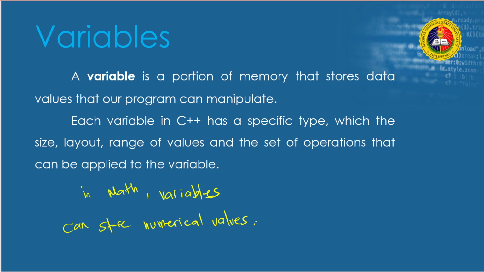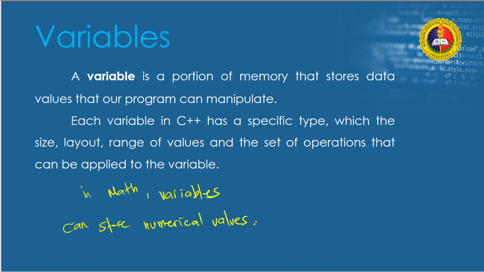Variables can store different types, we mean data types. This includes text, numbers, words, groups of words, letters, and so on. So not just numerical values, but just about any data that we can use in our computers.